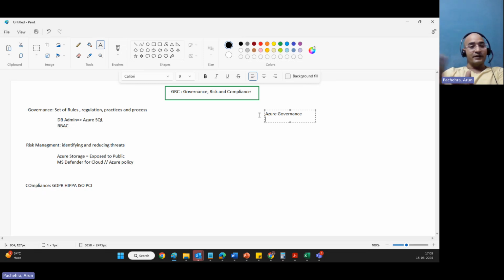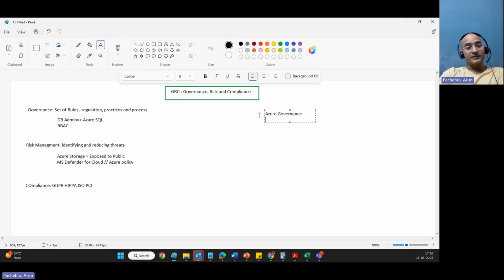So if we are following proper governance, we have a proper Cloud Adoption Framework, which has all those things, then cost and security policies will be there to manage your cost and security under Azure governance. And why do we need governance?